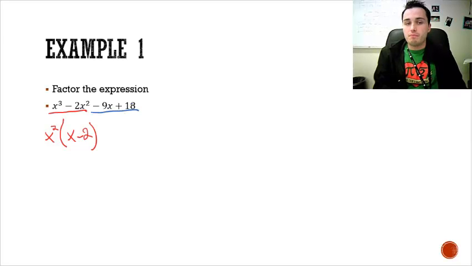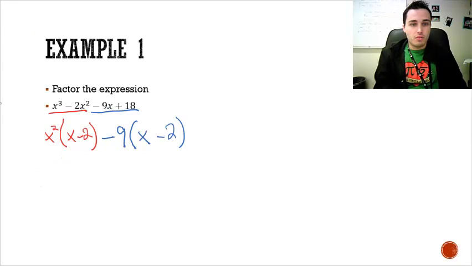So even though they don't both have a negative in common, I am going to pull out a negative. And what are they both divisible by? They're both divisible by 9. Okay? And if I divide both by negative 9, then that would just be a positive x for this first thing. And for the last one, 18 divided by negative 9 is negative 2.